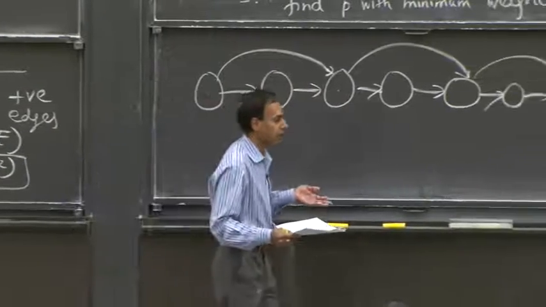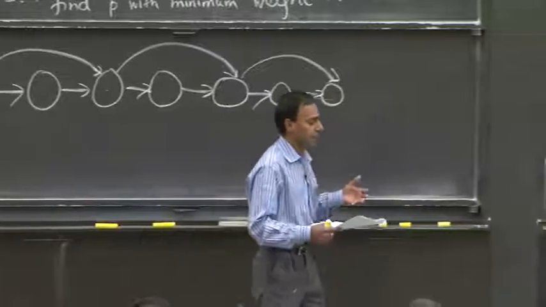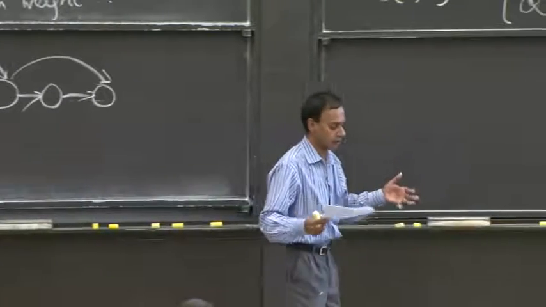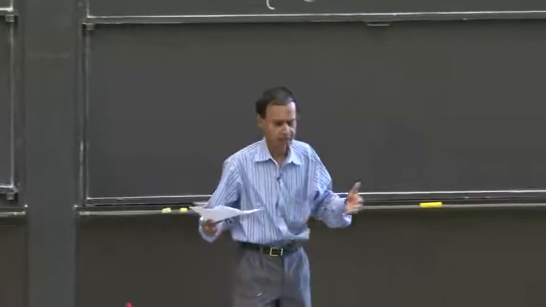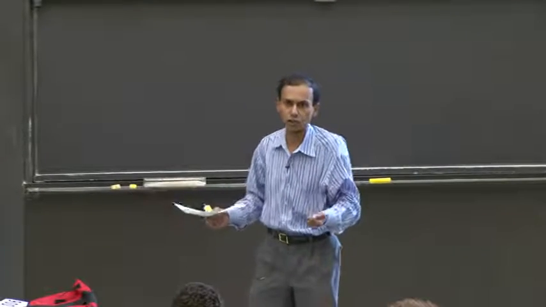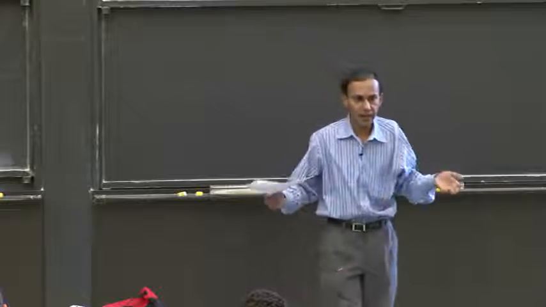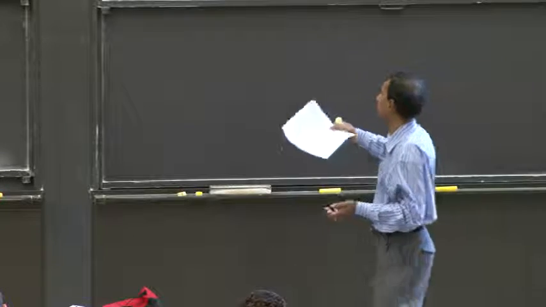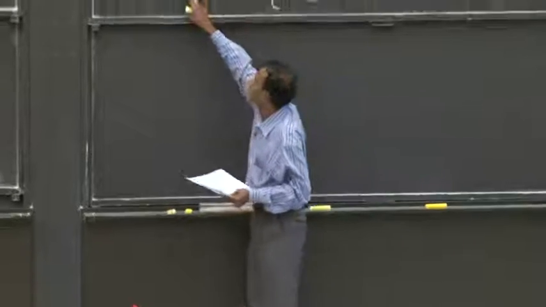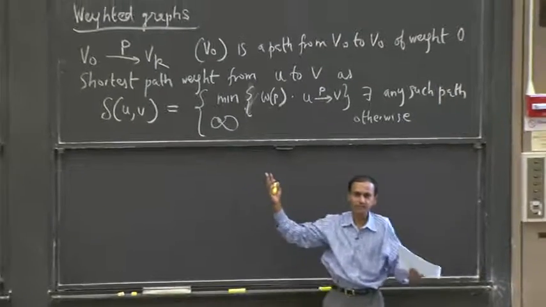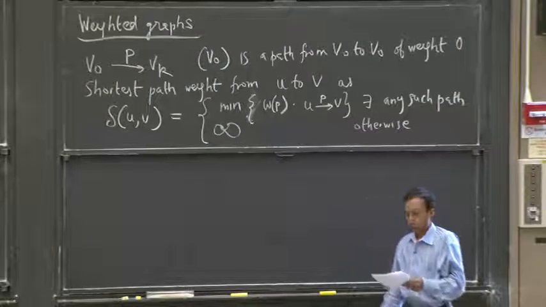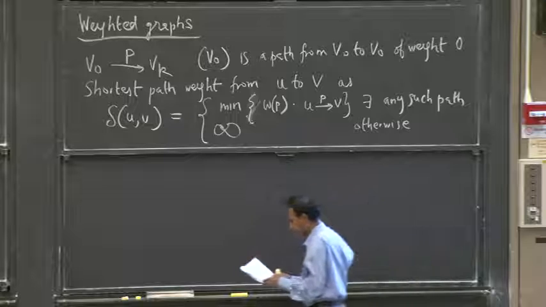And it's quite possible that you may be given a graph where there are particular vertices in your set V that can't be reached from the particular source that you started with. And for those vertices, you're going to have your delta uv. If V is unreachable from U, it will stay at infinity. Okay?